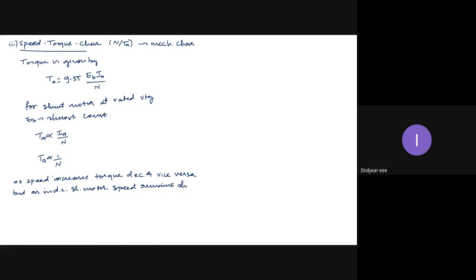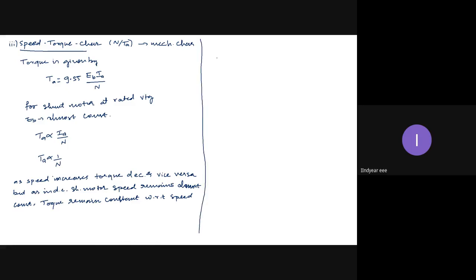Torque remains constant with respect to speed. With respect to speed, it doesn't mean that torque always remains constant. Torque is fundamentally proportional to current. But here, only with respect to speed, my torque is almost remaining constant.